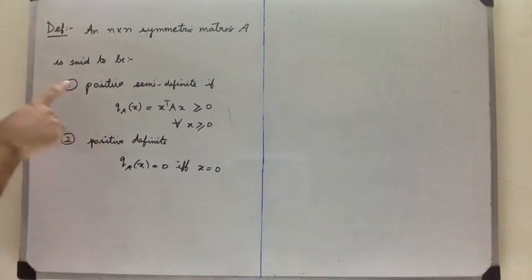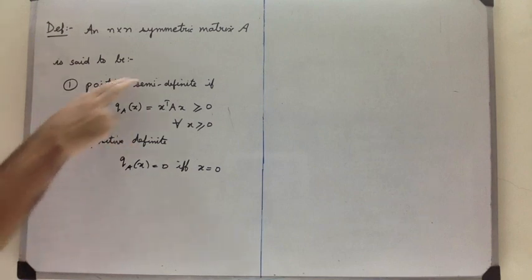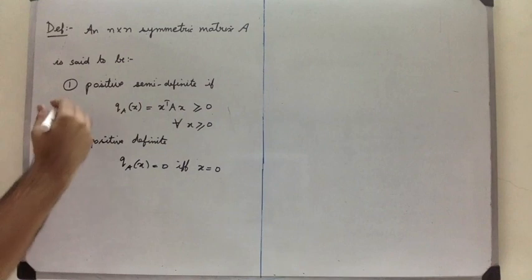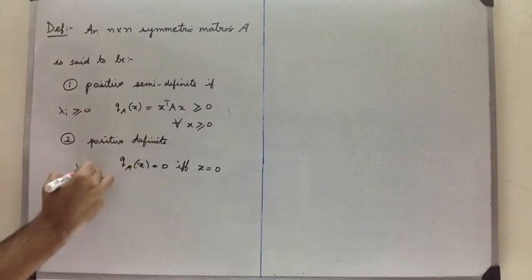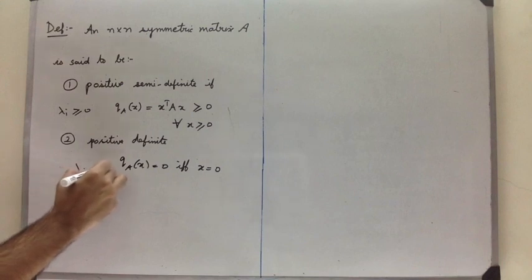One can also look at these properties based on the eigenvalue decomposition of these matrices. Positive semi-definite means all the eigenvalues are greater than or equal to 0, and positive definite means the eigenvalues are strictly greater than 0.